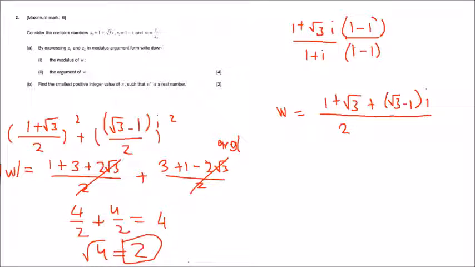Next, we do the modulus of 1 plus square root of 3i. What I can actually do is take this 1 and square root of 3 and divide both by square root of 3. So I'll get 1, and square root of 3 over 3.